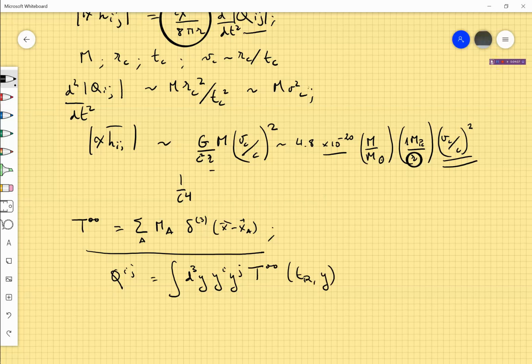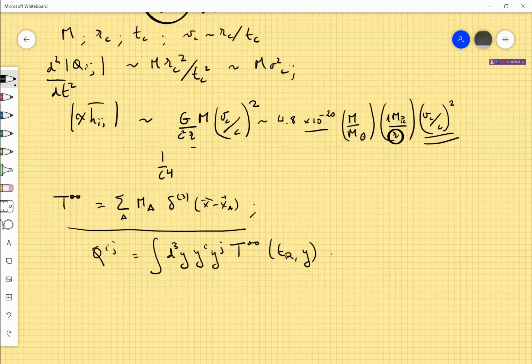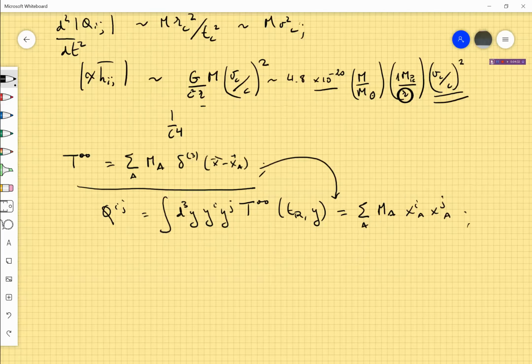If you plug this in, you get immediately Qij, so for this T00, this is just a sum over all the masses of the products of the positions. A very simple expression. Now we can start taking derivatives.